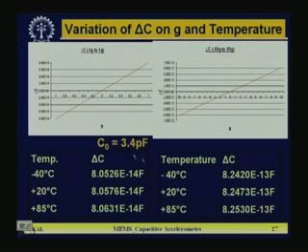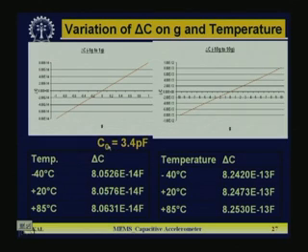That is shown at room temperature, nearly 8 into 10 to the power -14 farad delta C change for -1 G to 1 G, and for -10 G to +10 G, where acceleration is +10 G and deceleration is -10 G. These are simulated values, and we got these relations. For the regular structure we got delta C values of the order of 8.24 into 10 to the -13 for 10 G, and 8.05 into 10 to the -14 farad in the case of 1 G. So, at 1 G and 10 G, both designs have been calculated and simulated, and the values are shown here.